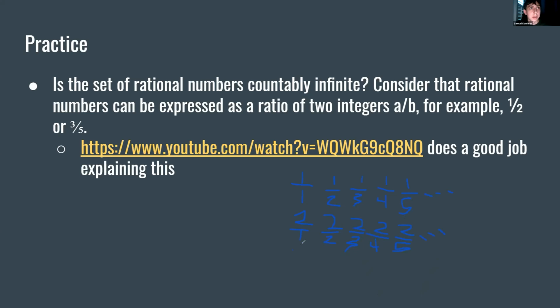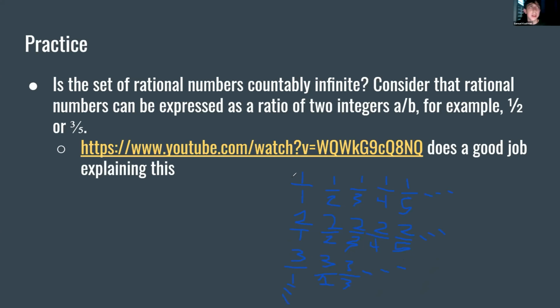And then we'll write 3 over 1, 3 over 2, 3 over 3. I'm not going to write the rest. It's going to go on forever, and it'll keep going forever this way as well. So this is a way we've laid out the rational numbers in a grid.